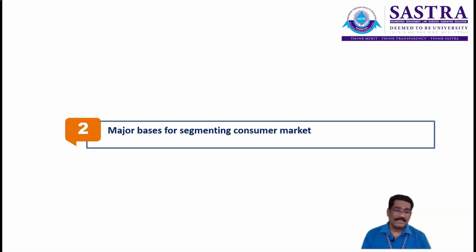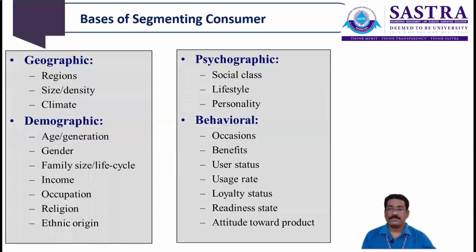Okay, the next discussion for this session is: what are the major bases for segmenting the consumer market? These are the major bases, and I will highlight them. One is regions, size and density, and climate in the case of geographic segmentation. In the case of demographic, you've got age, gender, family size, income, occupation, religion, ethnic group.